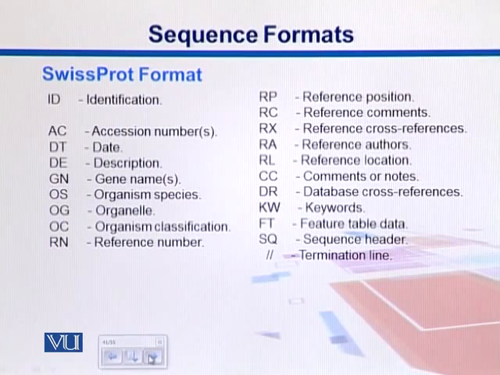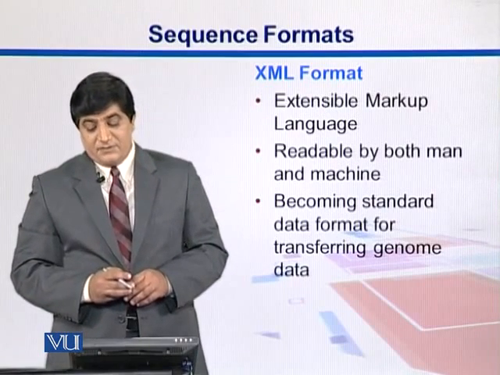You can go and look into it. For example, we have RN reference number, RP reference position, and then we have the authors who have submitted, and in the same way the sequences start with SQ, and the termination line is represented as this double slash. So far what we have seen is that sequences are submitted in kind of similar formats.